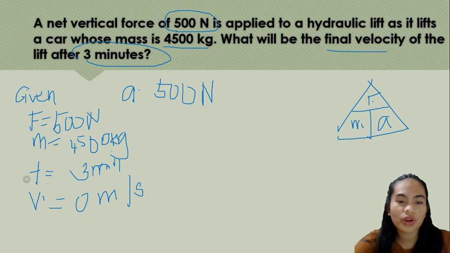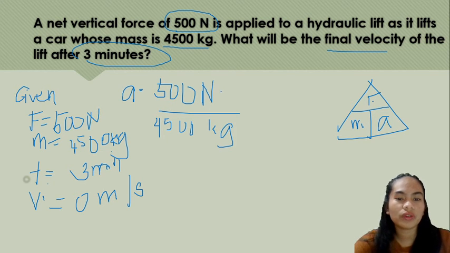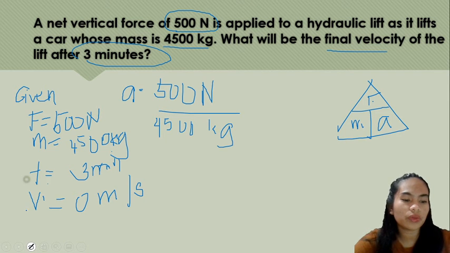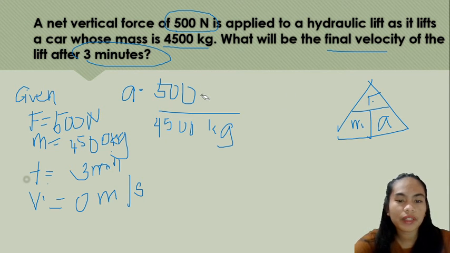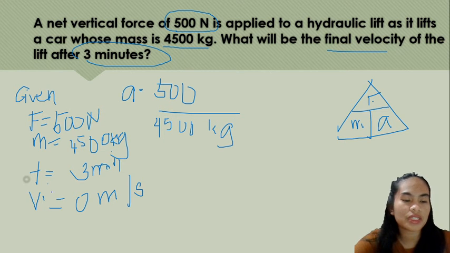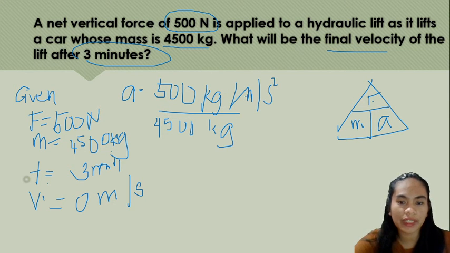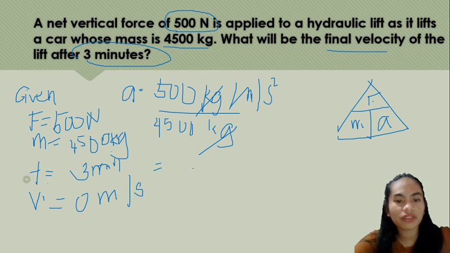So, acceleration is equal to 500 newtons divided by 4,500 kilograms. Right? Let's erase the newton so it is easier to cancel out the units. Kilograms, meters per second squared. So, let's cancel out the kilograms. What remains is the 4,500.